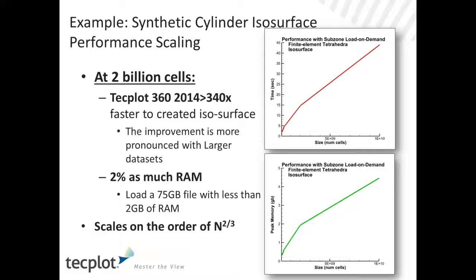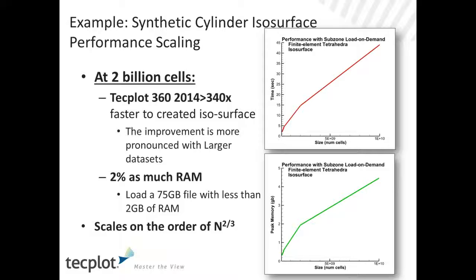The other key here is that it uses a lot less memory. We've gone up to 10 billion cells in this case, and it's using only 2% as much RAM. That's, I believe, at the 2 billion cell case, when you load the whole data set. At 10 billion cells, the truth is you can't load the whole data set.